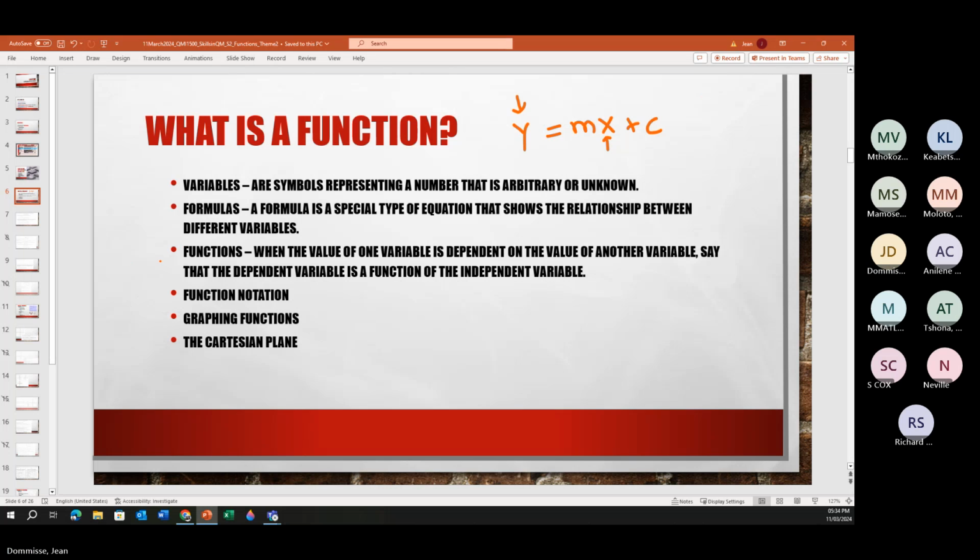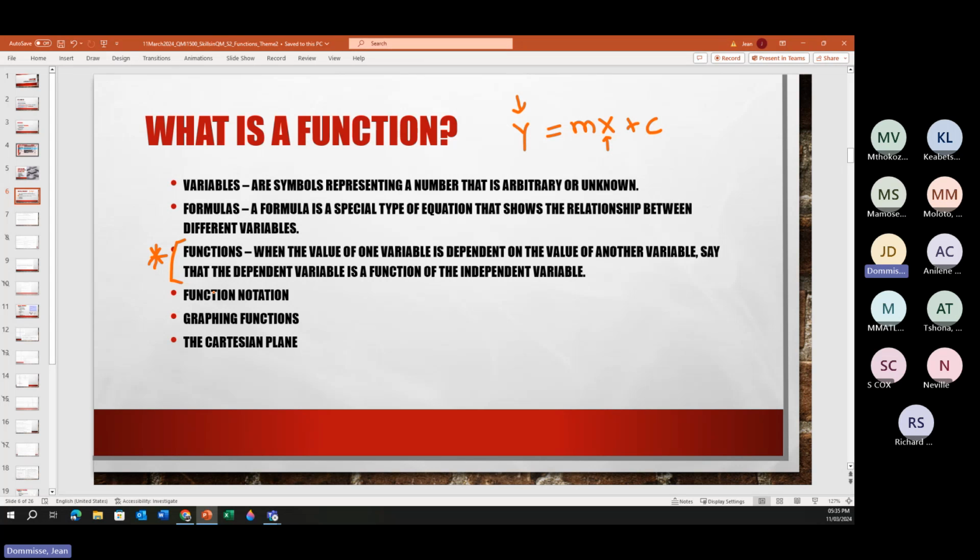Then I think something that is important, if they ever ask a theory question, is one of the definitions that is quite important. One variable is dependent on the value of another variable. So we will always say that the dependent variable is a function of the independent variable.